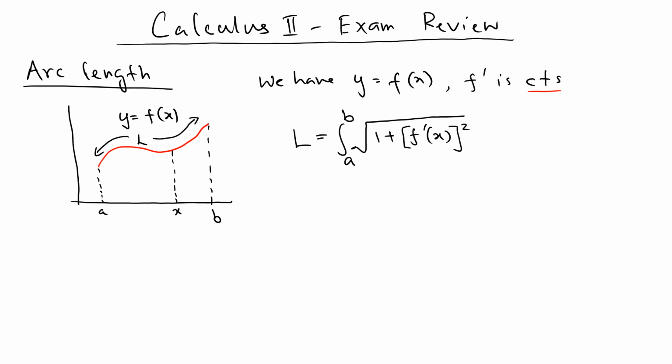So remember, you can cancel the square root and square because there's a plus 1 here, and then you integrate this with respect to x, and this is what we call the arc length formula.